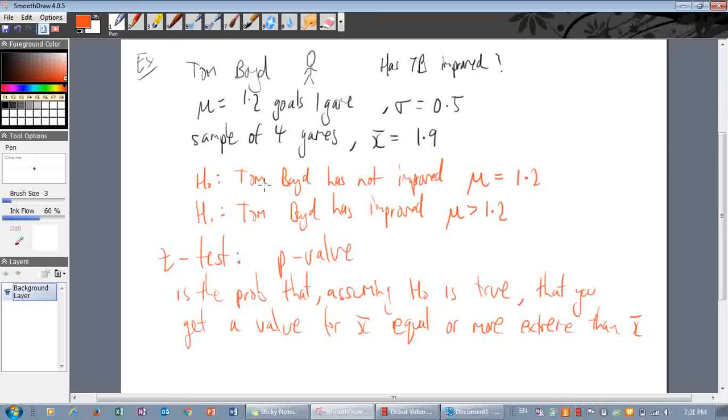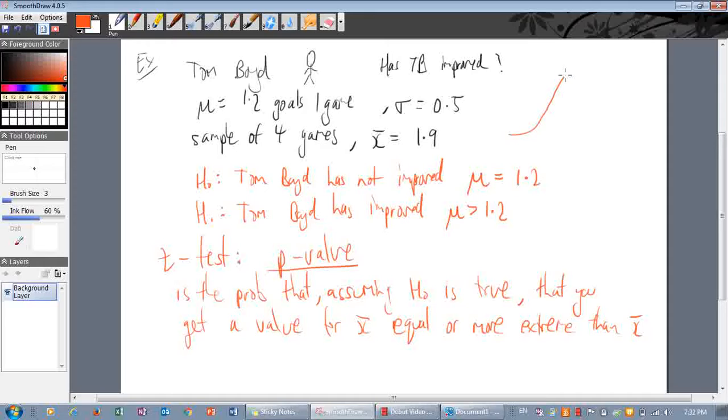So, in other words, our p-value for this particular example is the probability that, assuming that the mean is 1.2, what's the probability that you would get a value of 1.9 or greater?